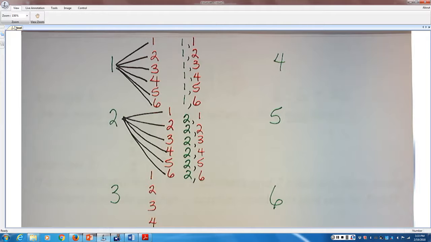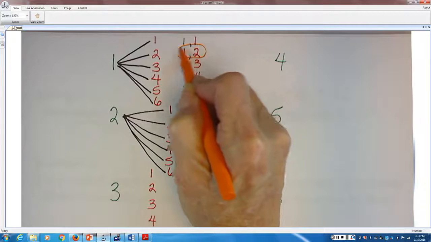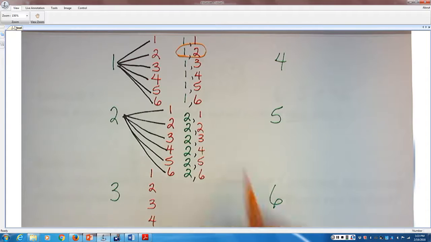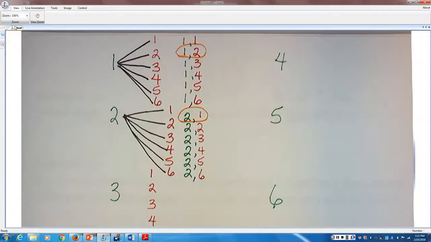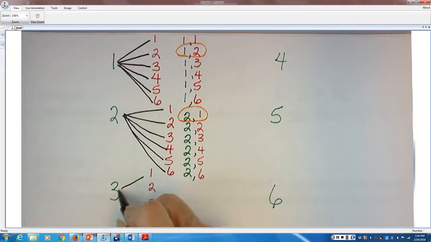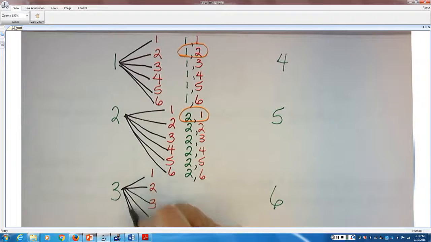And what I want you to notice here is, first of all, that outcome is a green 1 and a red 2. This one is a green 2 and a red 1, and they don't look the same. They're not the same. And that's going to happen with every single one of these. 3, 1, 3, 2, 3, 3, 3, 4, 3, 5, 3, 6.